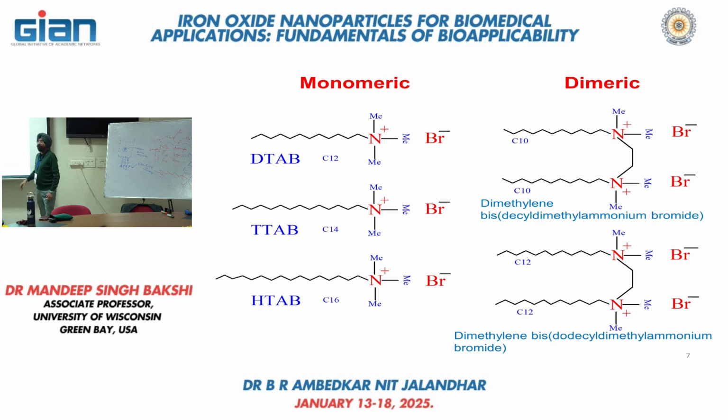The spacer could have any length. It could be of just one methylene group, 2, 3, 4, 5, any spacer length you can introduce over here. You can increase the spacer length, right? But you have to keep in mind that you are putting more methylene groups in the spacer.